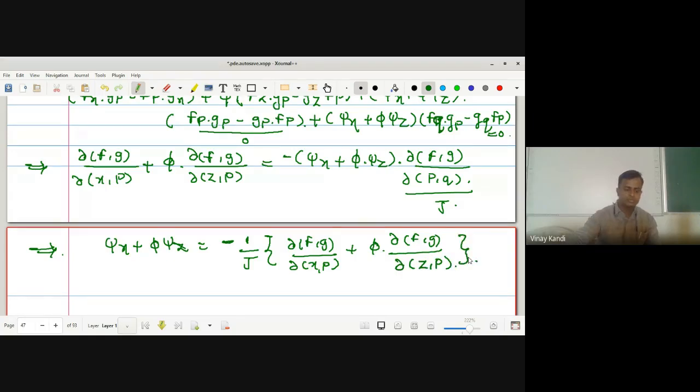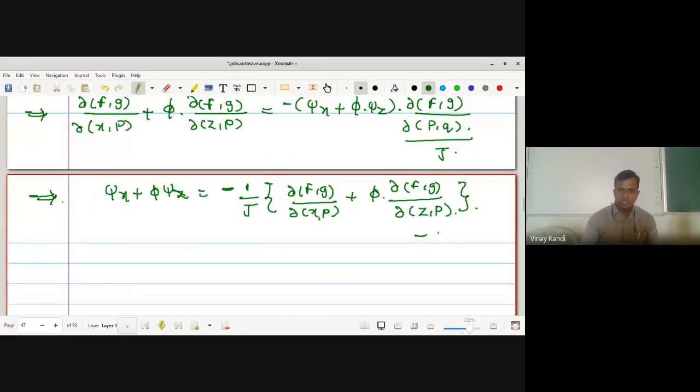Any doubt? This is equation number 10, where j is equal to Jacobian of fg with respect to pq, which is not equal to 0, hence we divide both sides. Any doubt? This thing is given to us.